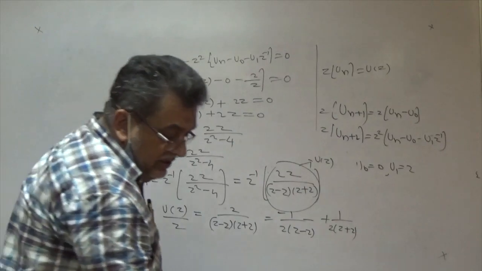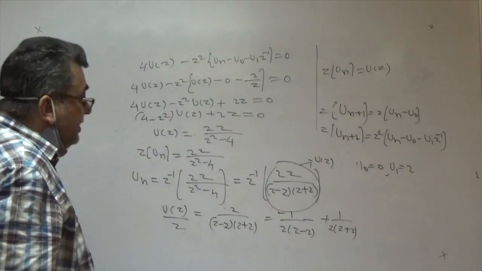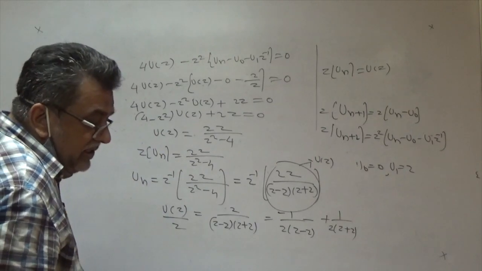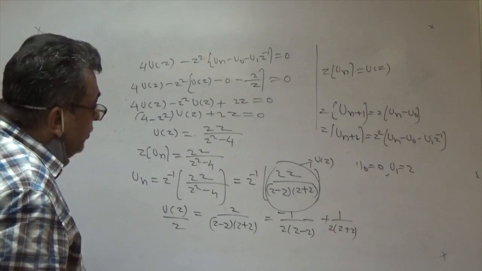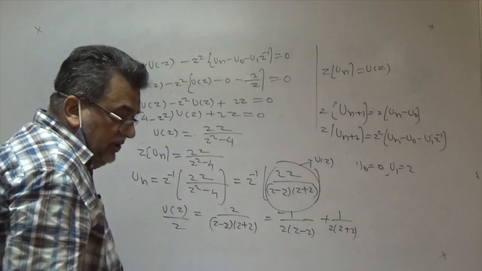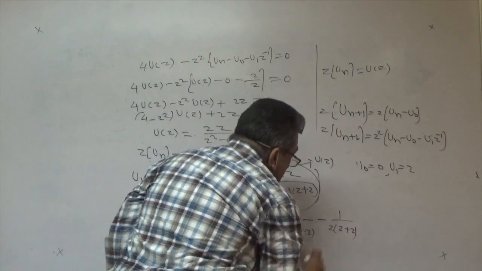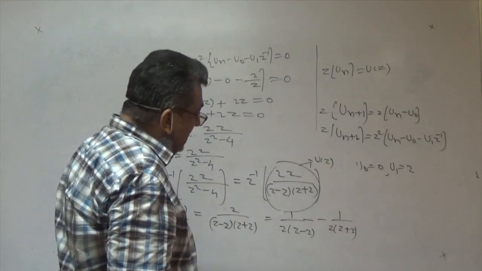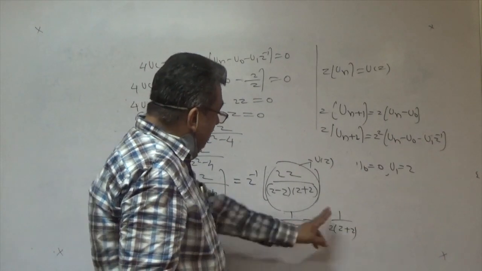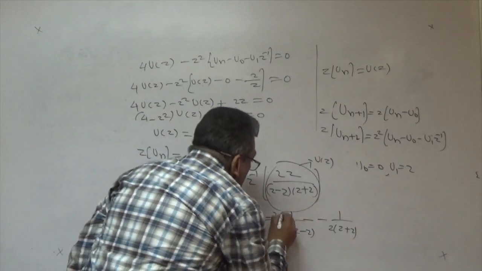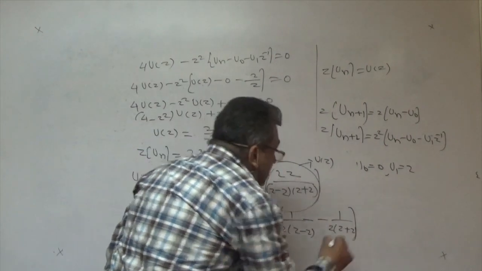If you calculate, it is a very simple partial fraction: 1 upon 2 times z plus 2 minus 1 upon 2 times, where this one is plus and this is minus, because if we take this, 2z is cancelled out, then 4 and minus 4 are cancelled out, and this 2 is outside, and then 2 is also cancelled out.